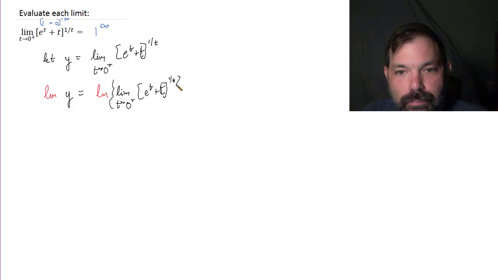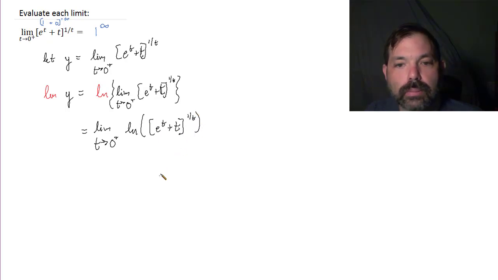All right. Now, our rules for limits allow me to bring the natural log inside the limit. So this then becomes the limit as t approaches 0 on the right of the natural log of (e^t + t)^(1/t). Now, I can use my rules for logarithms.